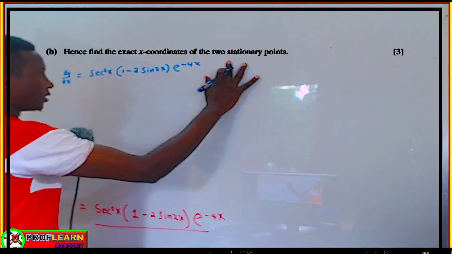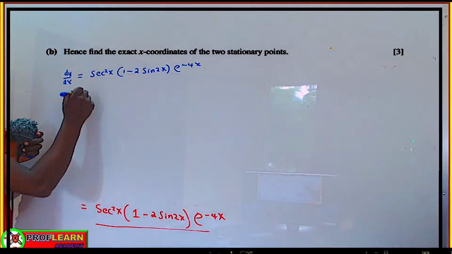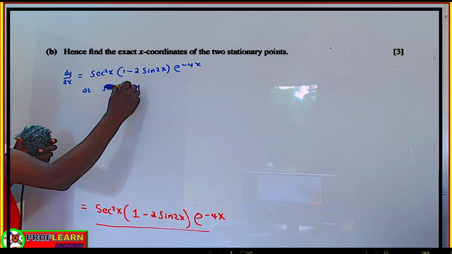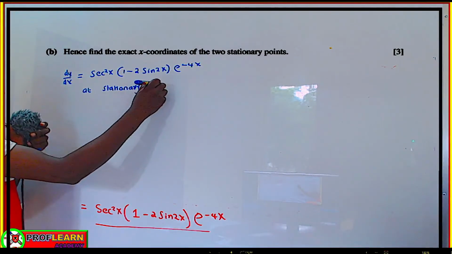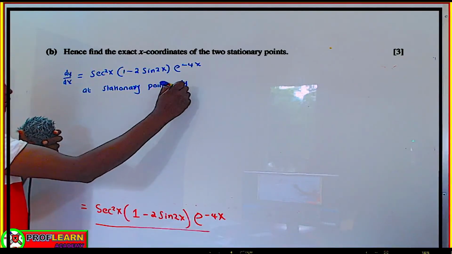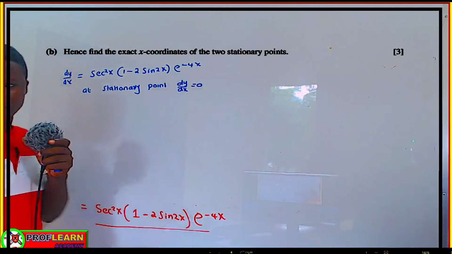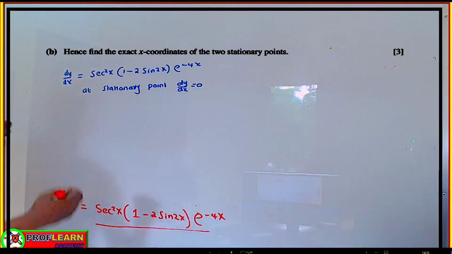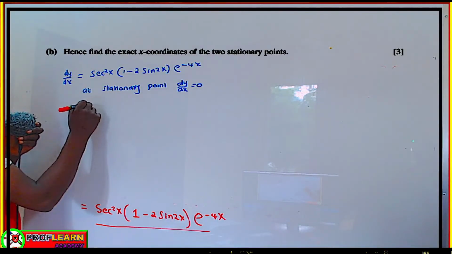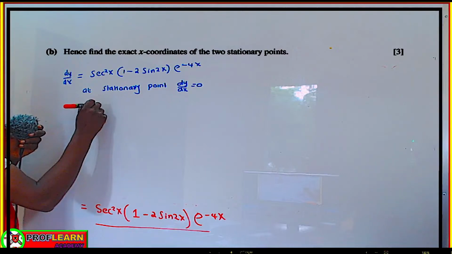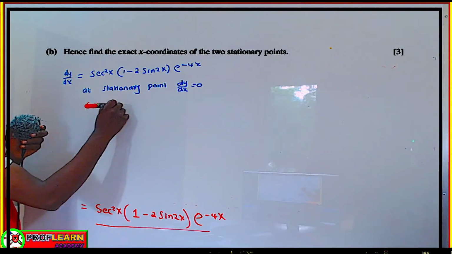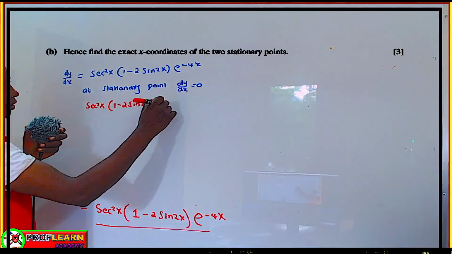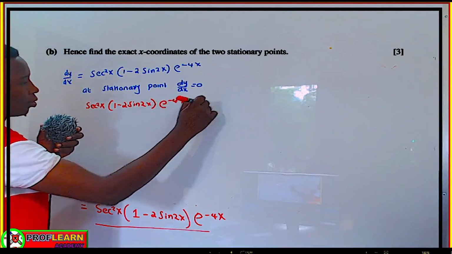At a stationary point, dy dx of a function is usually equal to 0. So definitely sec squared x into 1 minus 2 sine 2x exponent negative 4x is equal to 0.